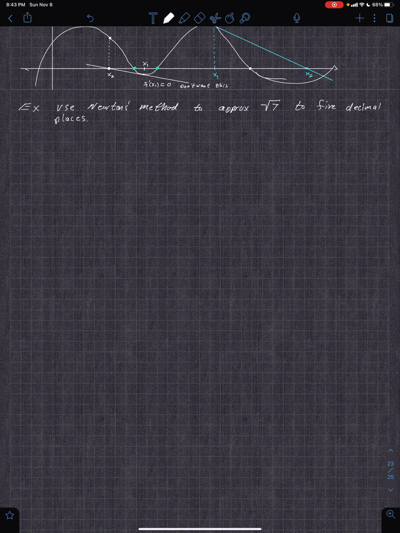So what you do on something like this is you know that a root of that is going to be x squared minus 7. So we're going to let f of x equal x squared minus 7.